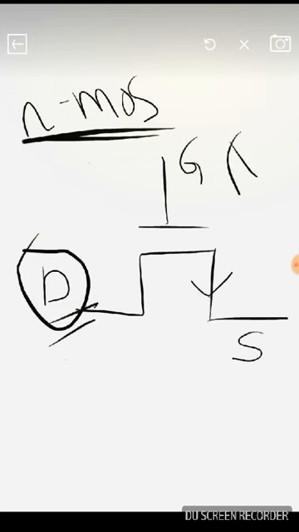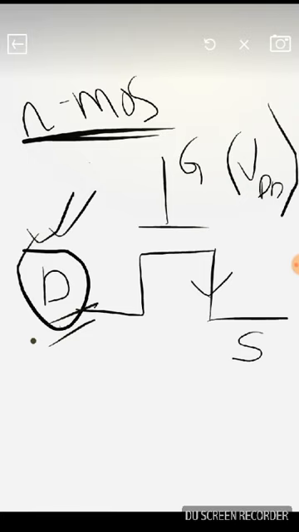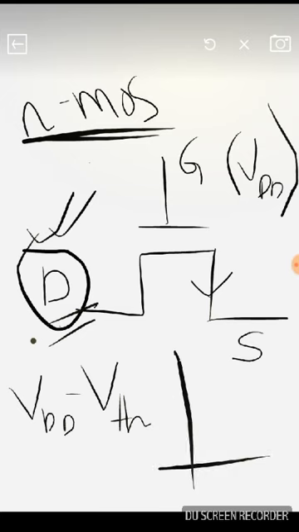If this is at a voltage VDD, this potential should at max come to a potential of VDD minus VTH, because if the drain potential gets above VDD minus VTH, then the MOSFET would reach the saturation region, and if it reaches the saturation region then it would not work as a switch.